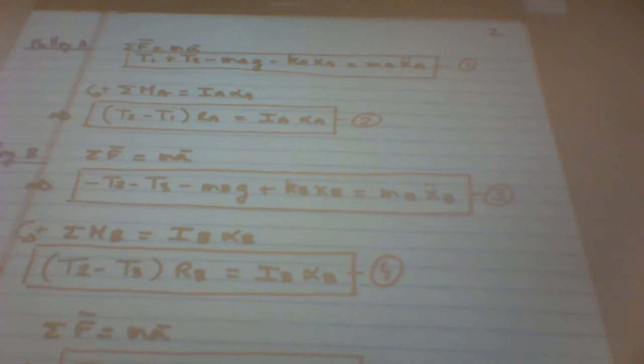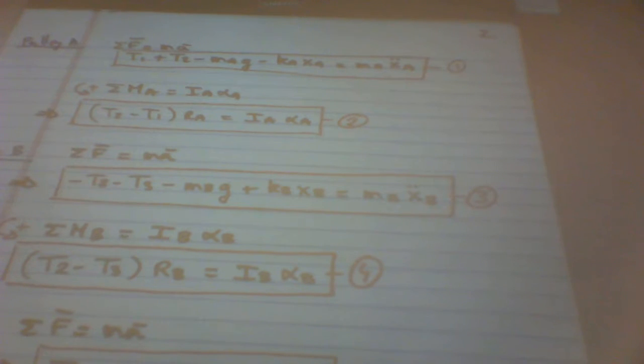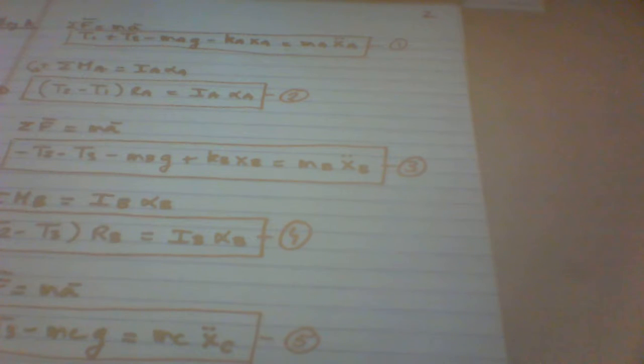I think we have a bunch of unknowns and 5 equations. Unknowns: T1, T2, T3, alpha A, alpha B, A sub A which is X double dot A, A sub B which is X double dot B, and A sub C which is X double dot C. That's 1, 2, 3, 4, 5, 6, 7, 8.